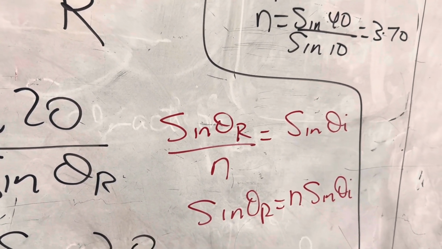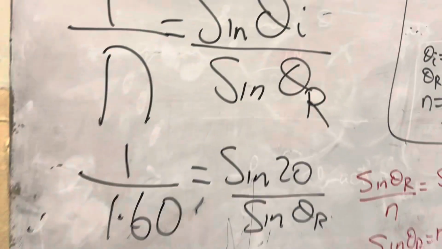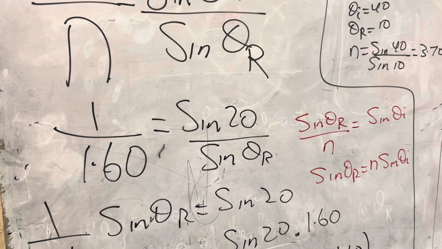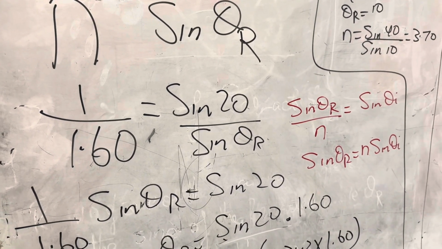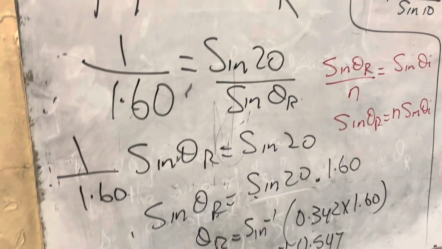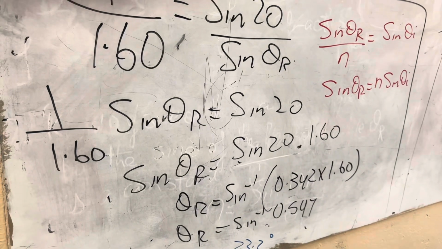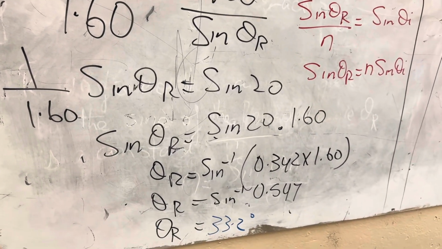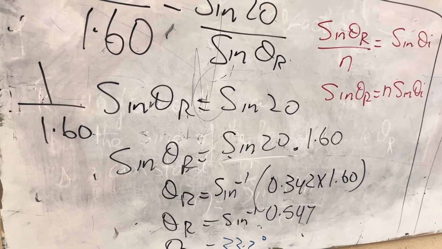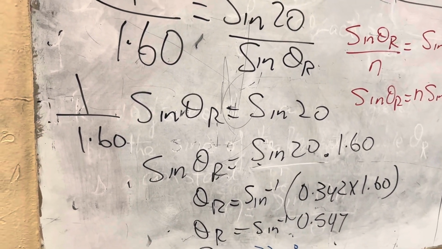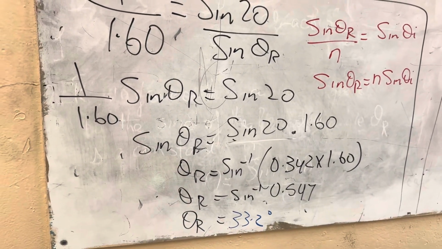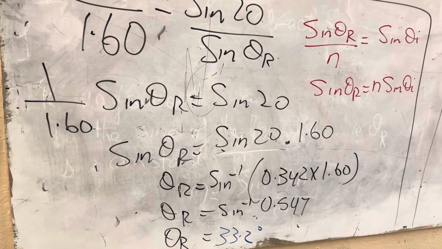So when I substitute the values, I'll have 1 over 1.60 equal to sine 20 divided by sine theta R. So 1.60 multiplied by sine theta R is equal to sine 20. When I carry the 1.60 across, as seen here in red, I will end up with 1.60 multiplied by sine 20.